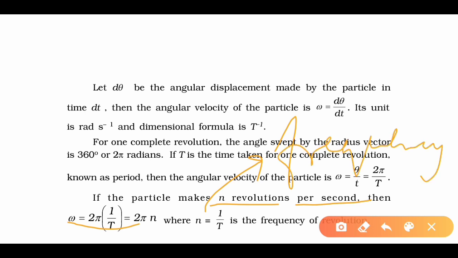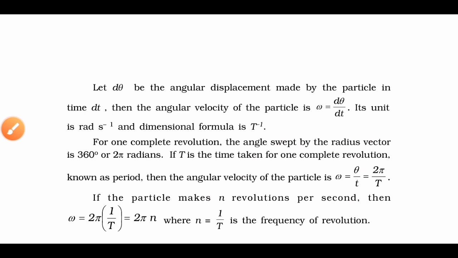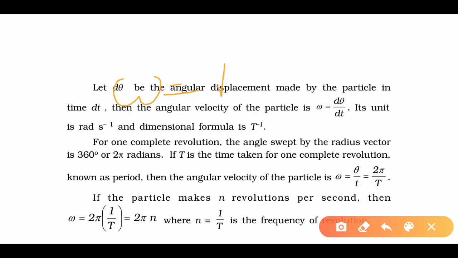This one is the frequency of revolution. So remember these points. Angular velocity is given by omega equals d theta upon dt, and the unit of angular velocity is radian per second.